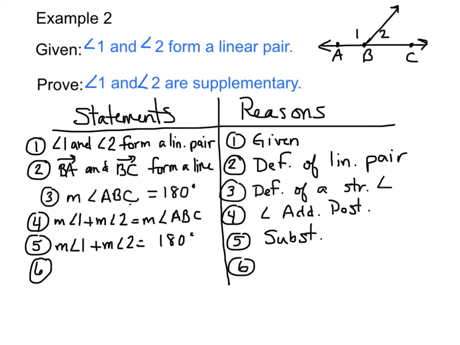And 6, because you know those two angles add up to 180, we can say angle 1 and angle 2 are supplementary. Why? Because of the definition of supplementary angles. Supplementary angles are two angles whose sum is 180 degrees. So that would be your proof for this problem.